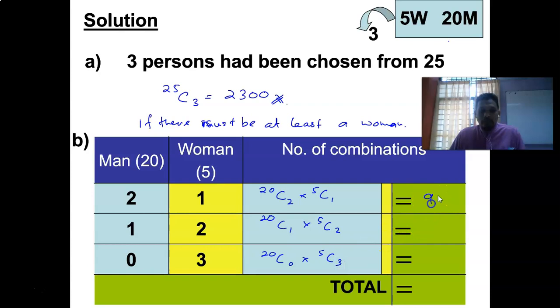This gives you 950, 210. So you may use a calculator to get all these answers. Each of these we call a solution here. Every single thing here. So for this one, it gives you 950, 210. So the total is 1160.